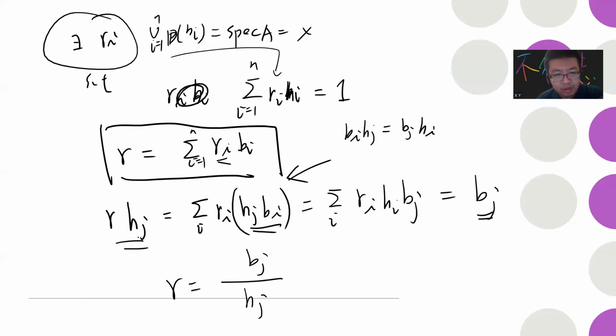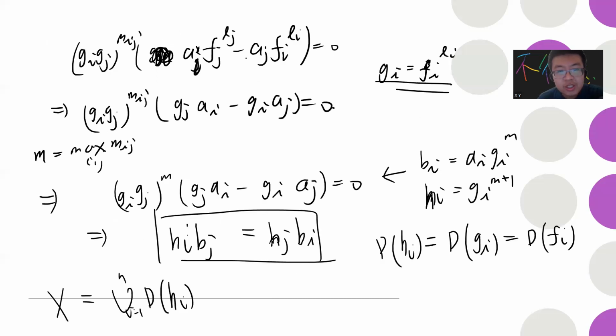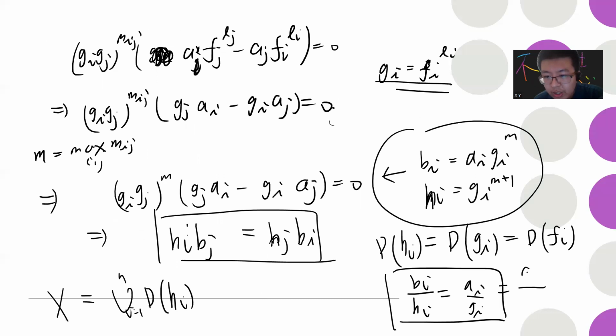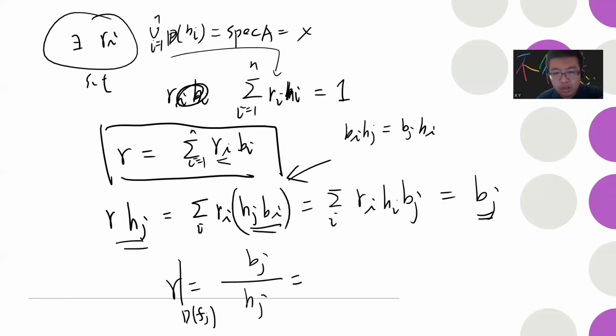So this means that when r is restricted to D(f_j), you get b_j divided by h_j. And b_j divided by h_j is just this: if you take b_i divided by h_i, you get a_i divided by g_i, which is a_i divided by f_i to the l_i.